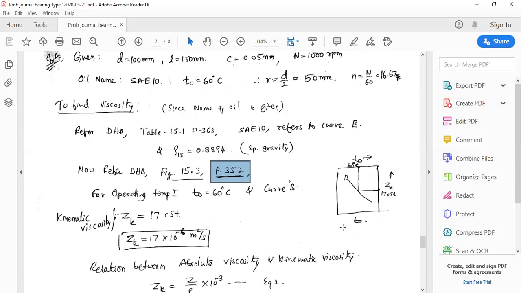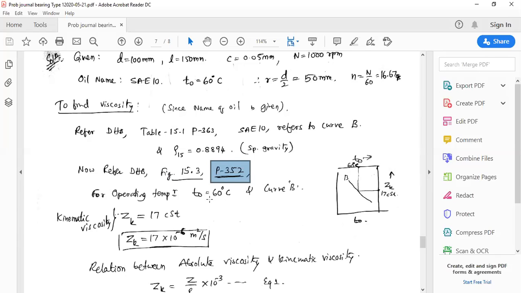In figure number 15.3, the operating temperature is at the top abscissa, and on the right ordinate y-axis, the Zk value, that is kinematic viscosity in centistoke, is listed.